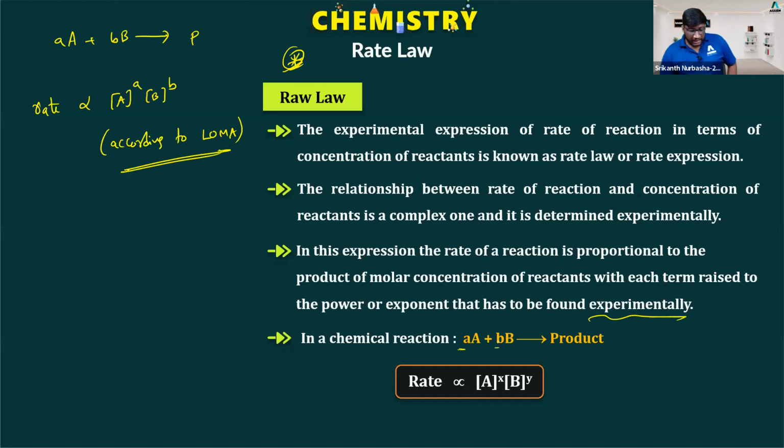And you may ask a question like, sir, why does the rate of the reaction have to be proportional to concentration? I have explained this in chemical equilibrium as well, if you remember. Because of how the reaction proceeds, the reactant molecules are colliding with each other to form the product.